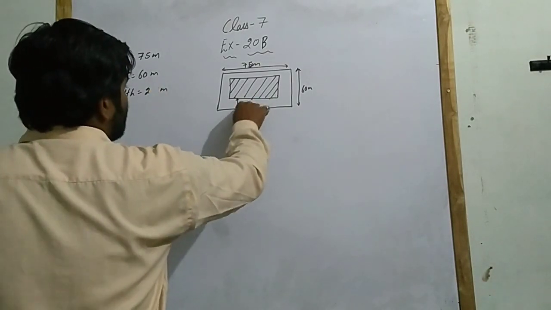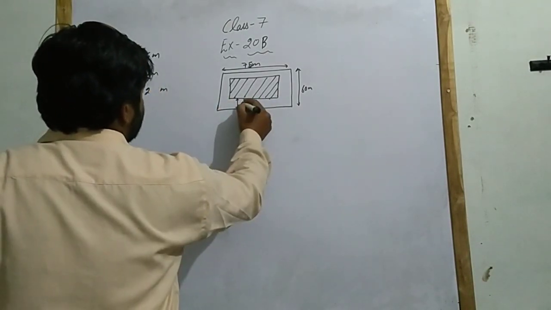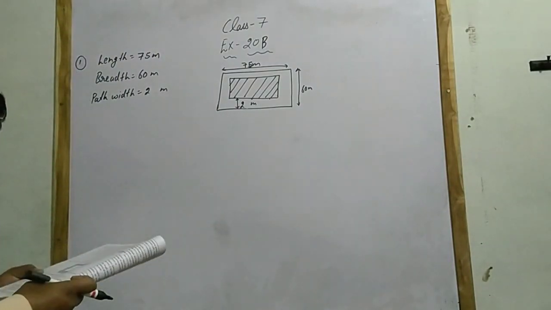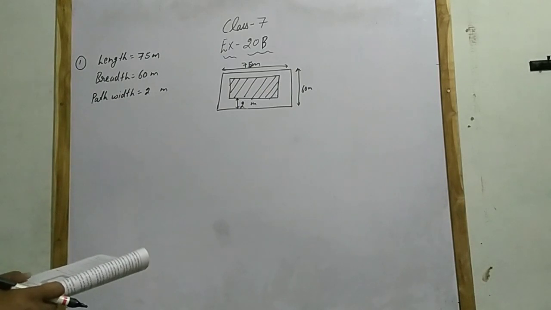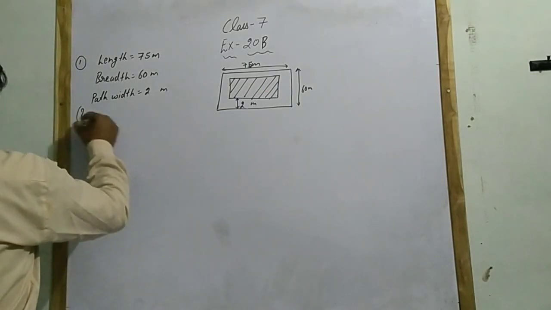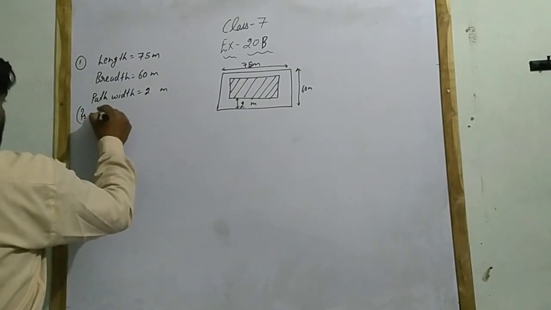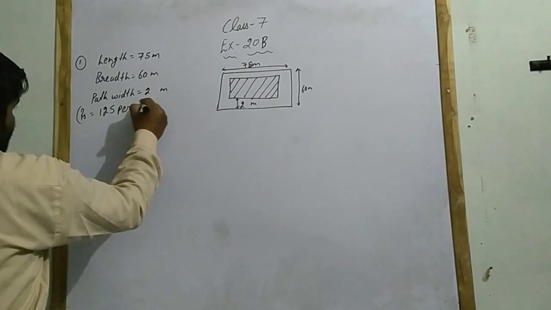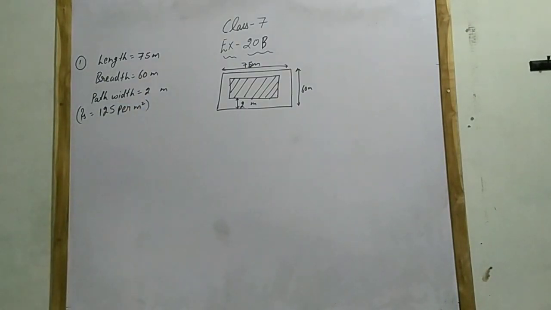This is only 2 meter. What we have to find: the area of the path and the cost of constructing it at rupees 125 per meter square, right?